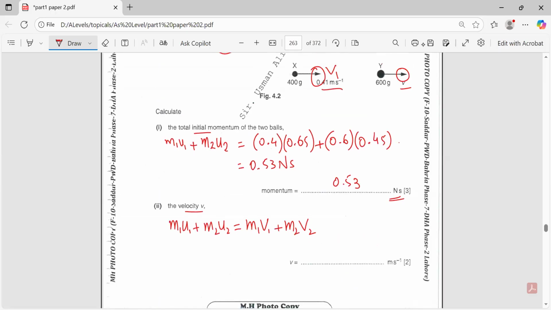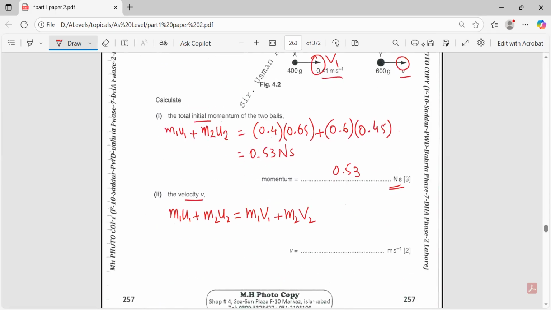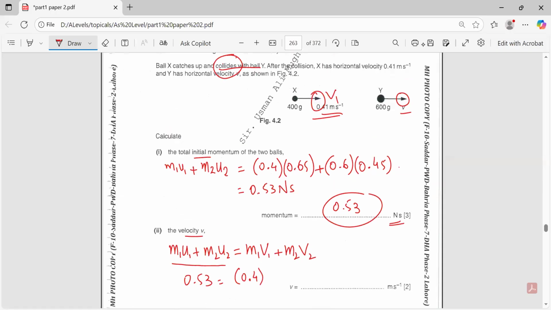So let's begin with mass one. Mass one is 0.4. So we have just found the initial momentum, so let's replace it with the value of 0.53 as found in the previous part, which will be equal to mass 1, which is 0.4, times the velocity with which it is moving afterwards. This velocity is 0.41.